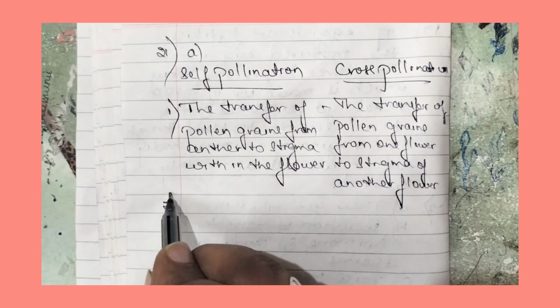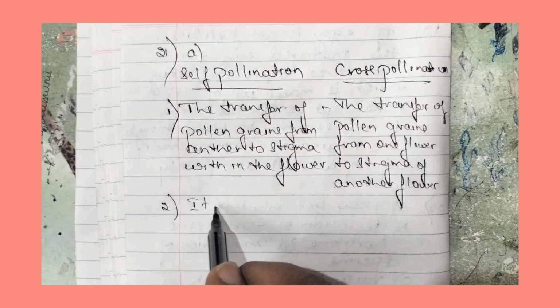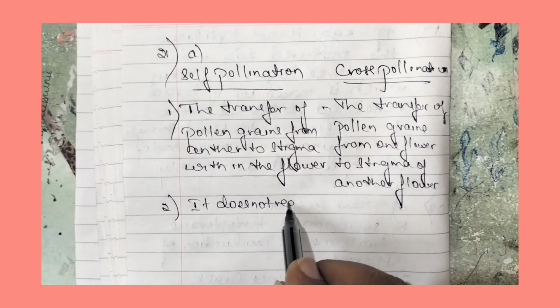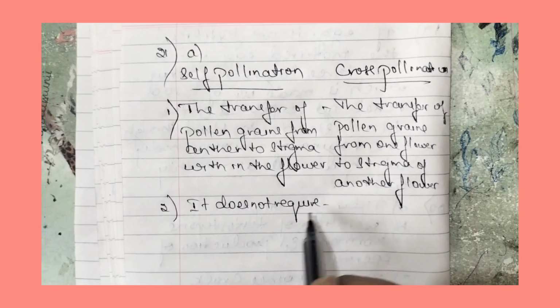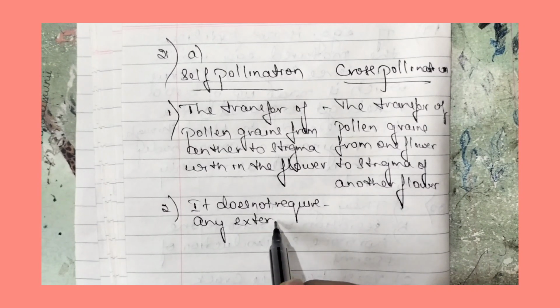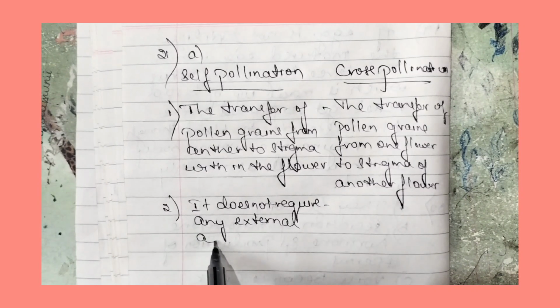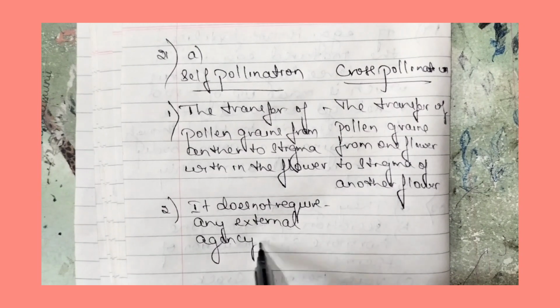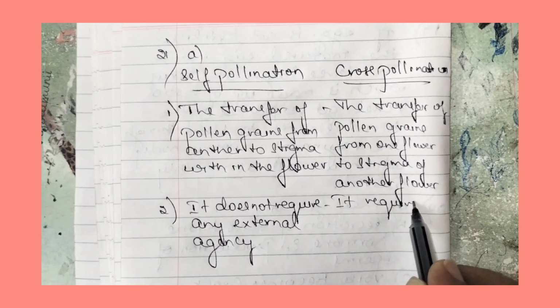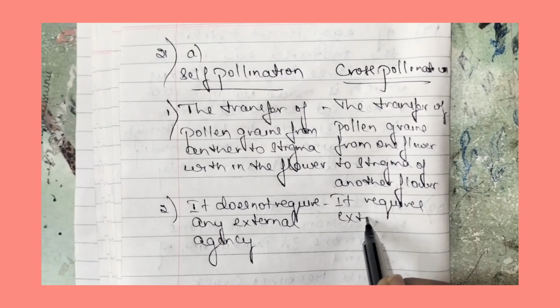The second difference: self-pollination does not require any external agency, whereas cross-pollination requires external agency.